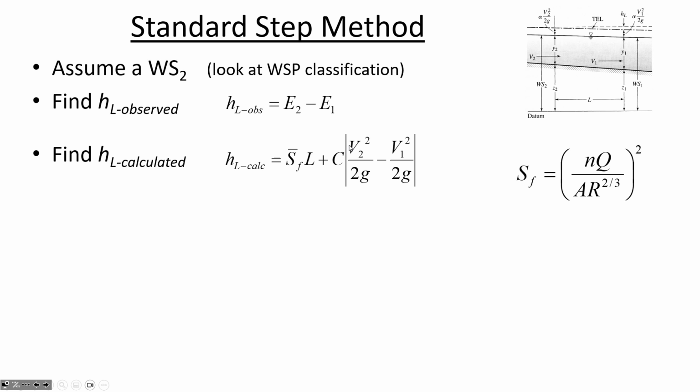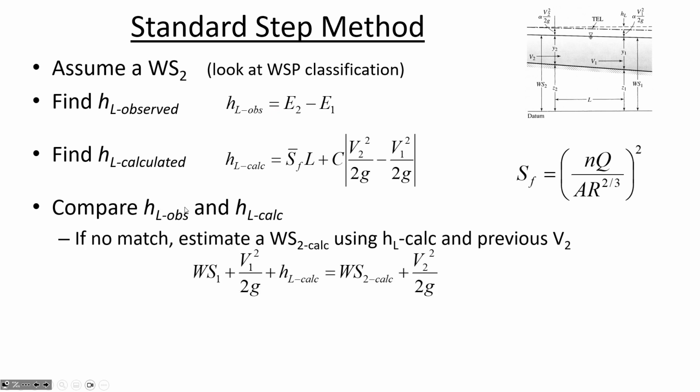So we'll go through this process, and I think the procedure will make more sense when you see it in the spreadsheet. But we're going to be comparing the 2 head losses together, and if they don't match, then that tells us that our guess of the water surface wasn't accurate, because the head loss should be the same, observed and calculated, if you've got the correct water surface.